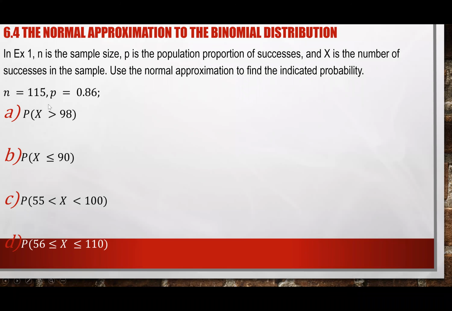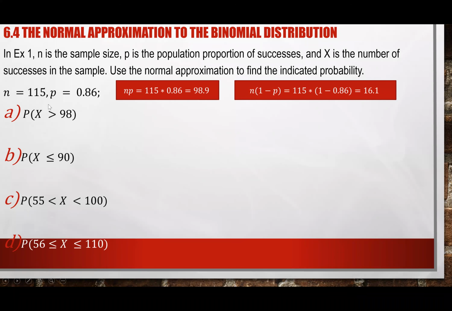Looking at this item, you test the condition: n times p, the mean, is 98.9, and n times 1 minus p is 18.1, so it met the condition that we need, bigger than 10.